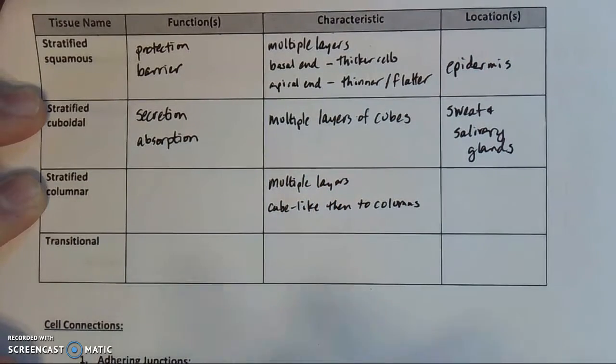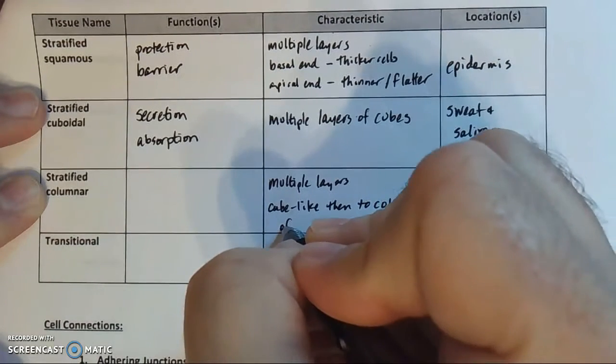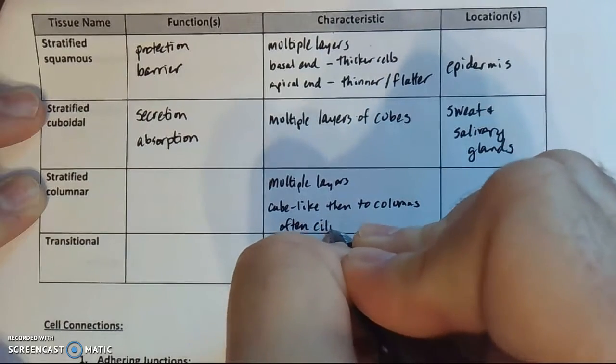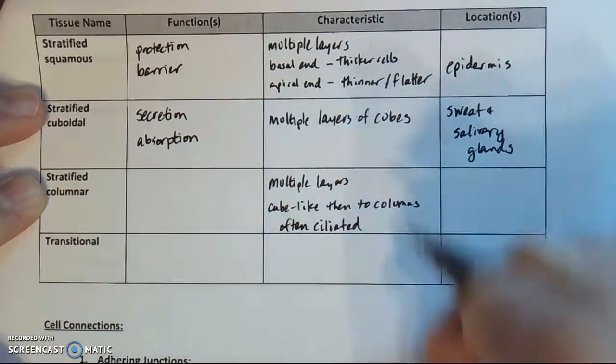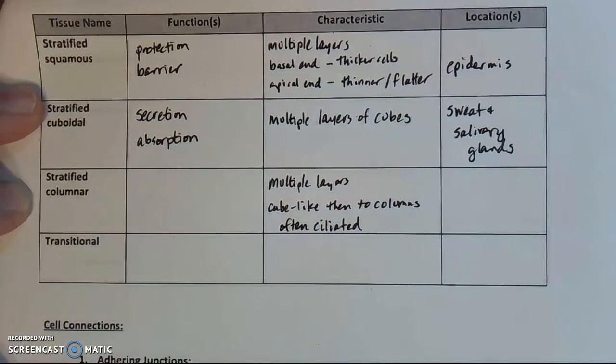So they might have a couple layers that look like cuboidal, but then the top couple start to stretch out a little bit and look more columnar. So this is stratified columnar, and these are often ciliated. So you see with columnar, either simple or stratified, and pseudostratified, those are the ones that are typically ciliated.